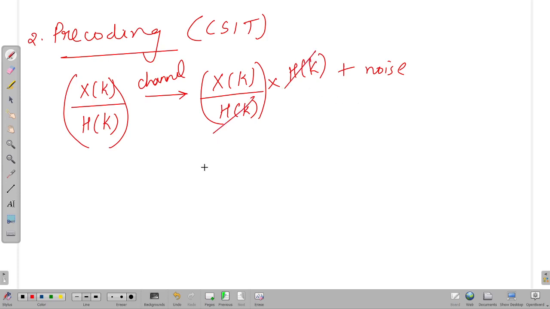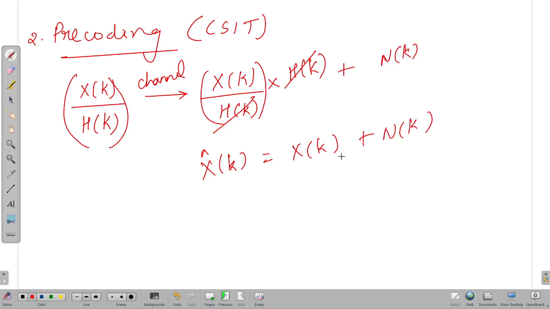Cancellation happens, because you have already compensated that at the transmitter end, and you have the estimate x cap of k as x of k plus noise, n of k.